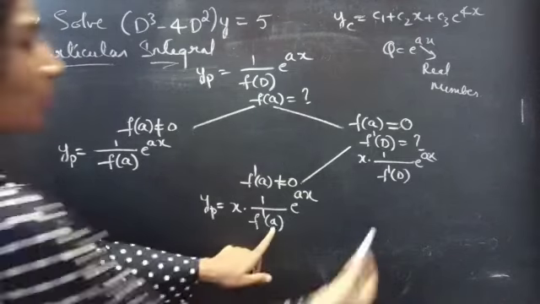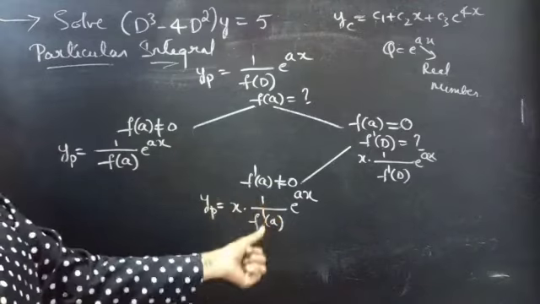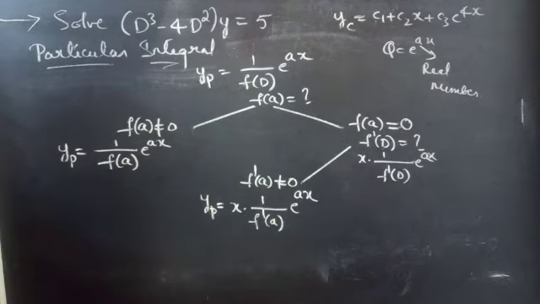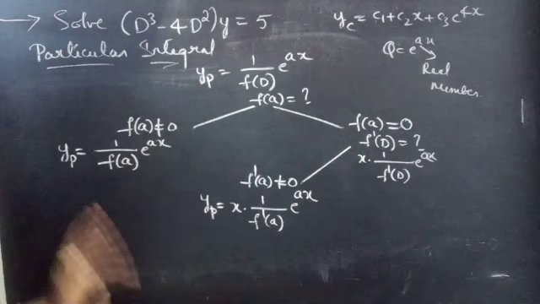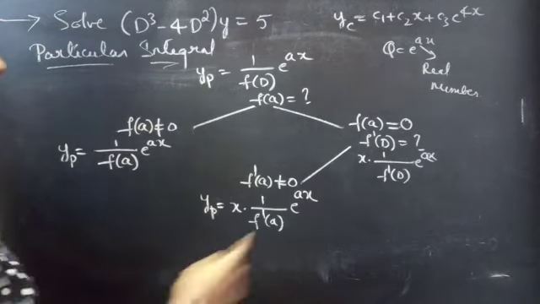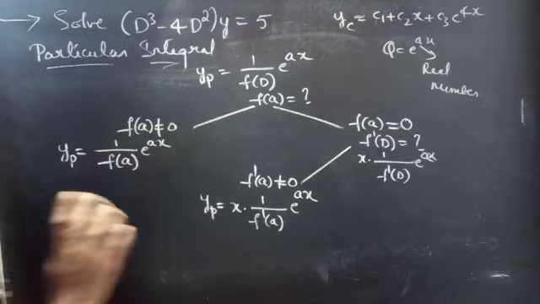Simply you'll replace D by a if f dash of a is not equals to 0. We should always get the denominator not equals to 0 to substitute the value of a, or after replacing a in some function, you need to get not equals to 0. If it is equals to 0, then you'll find the derivative.